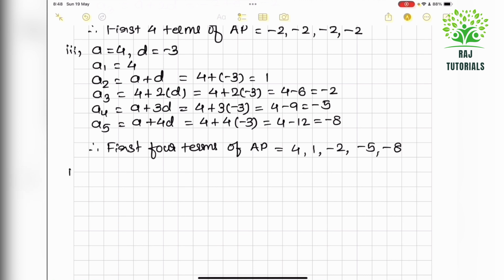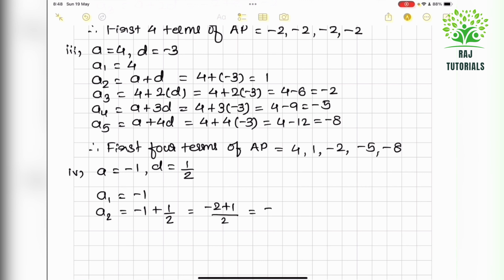Now fourth one, it is said A equal to minus 1, D equal to 1 by 2. So A1 will be minus 1, A2 will be minus 1 plus half, that is minus 2 plus 1 upon 2, minus 1 by 2. A3 will be minus 1 plus 2 into 1 by 2, so 2 cancel, so minus 1 plus 1, so 0.